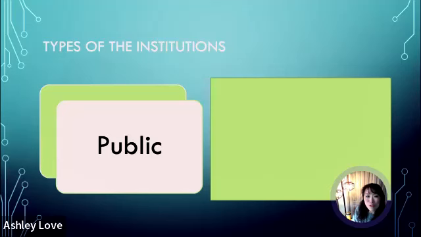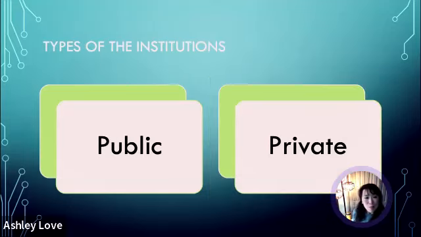So what should you be thinking about in terms of different types of institution is this: public versus private. Okay, so what does it mean? Public institutions are usually funded by the government source, so they're getting more from the government. And like UTSA, if you go to the UTSA website, you could get all the faculty salaries because it is a state school.